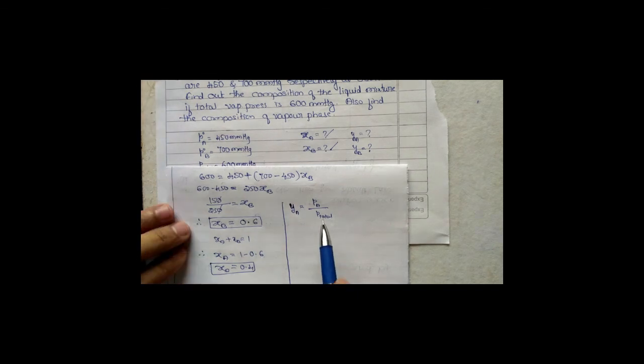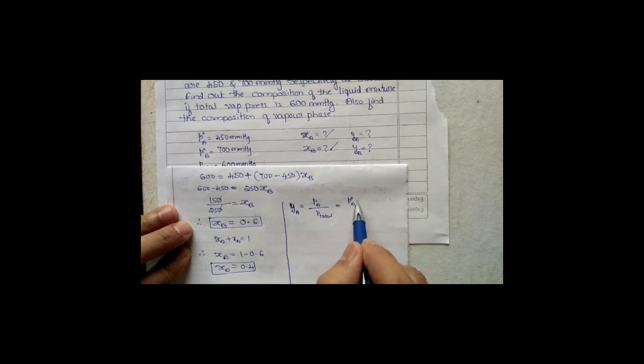But we know in Raoult's law P of A can be replaced as P naught of A into XA. So this equals P naught of A into XA divided by P total.